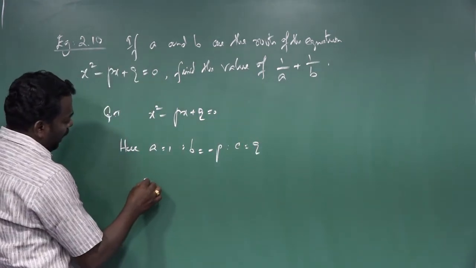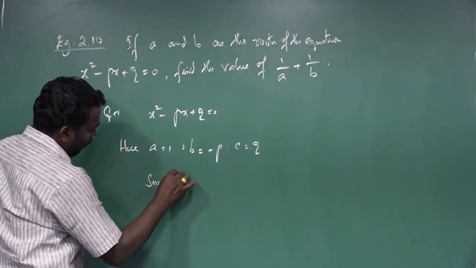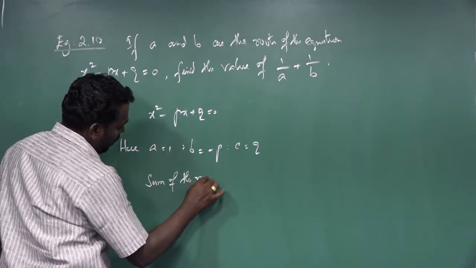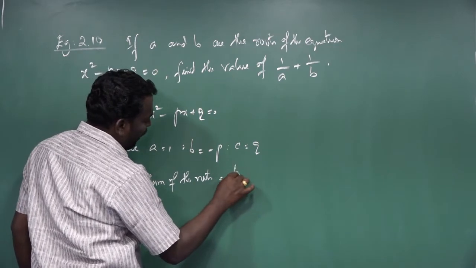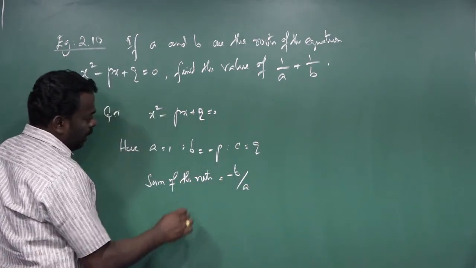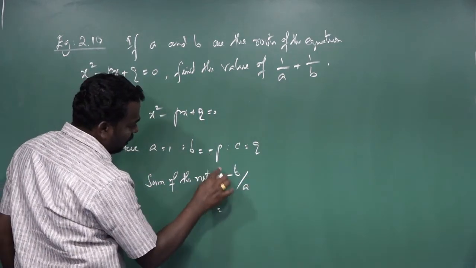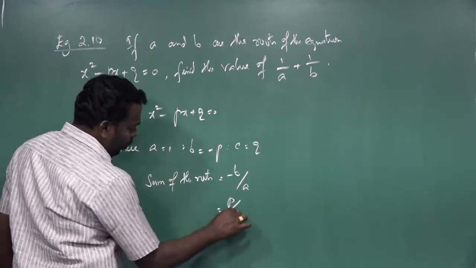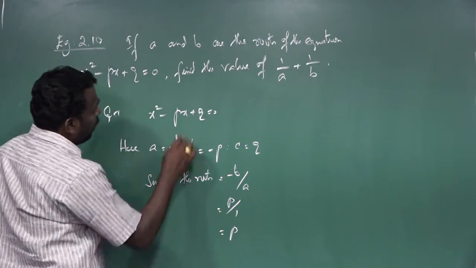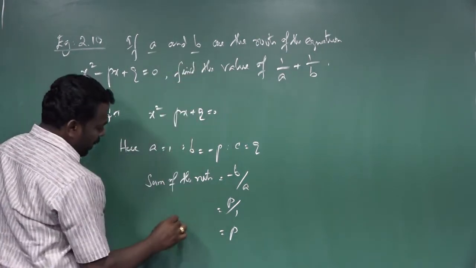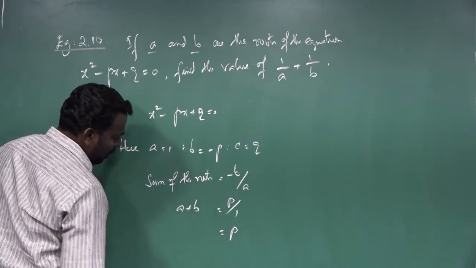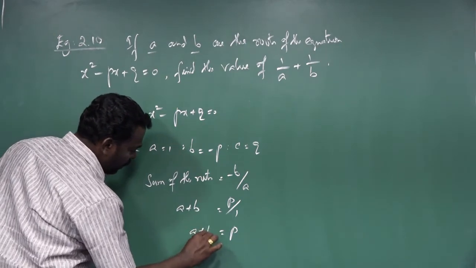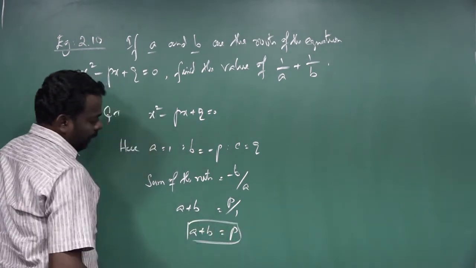Now we can define the sum of the roots, that is equal to minus b by a, that is equal to minus into minus p by a, with a equal to 1, that is equal to p. The roots are defined by a and b, therefore a plus b is called the sum of the roots. Therefore, a plus b equals p.